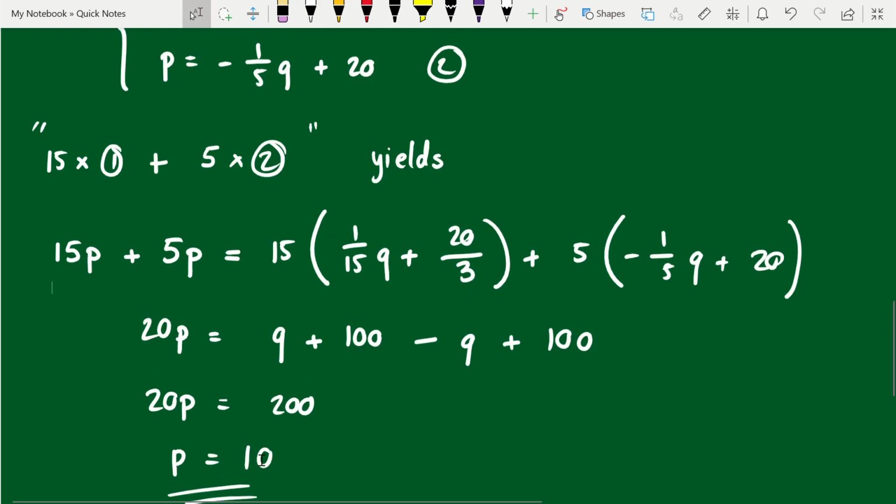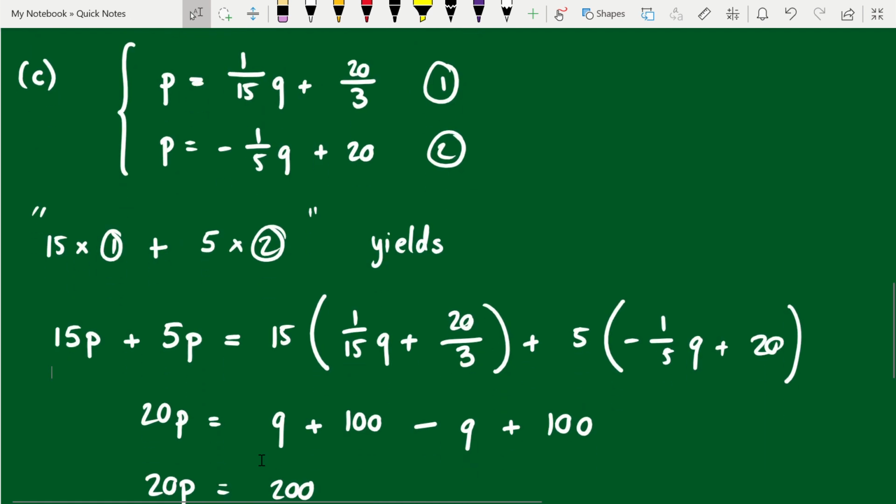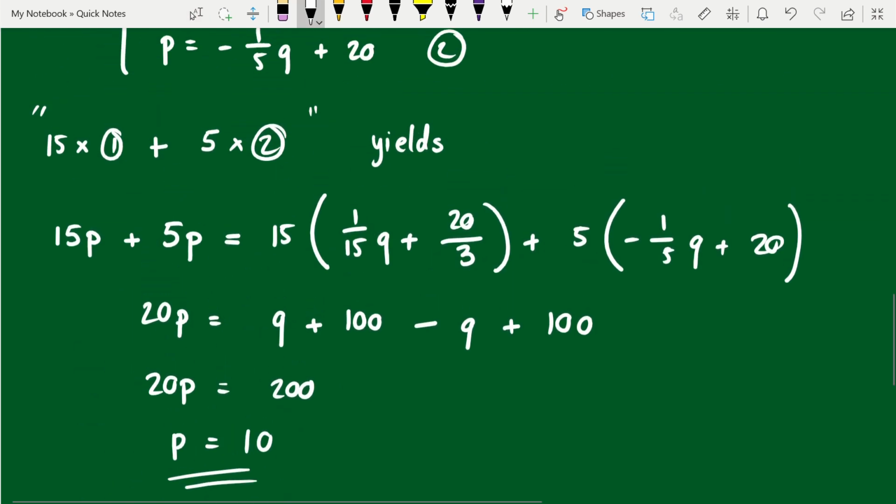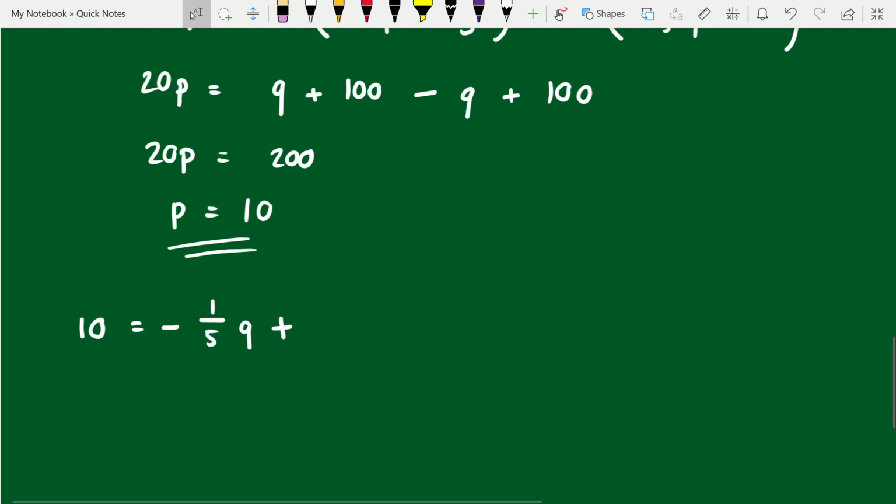Now in order to find the corresponding value of q in the system of simultaneous equations, we will input p equals 10 into either one of these. Let's work with the second equation here. The second equation will yield 10 is equal to minus 1/5 q plus, and let's just check what that value was, that was 20.